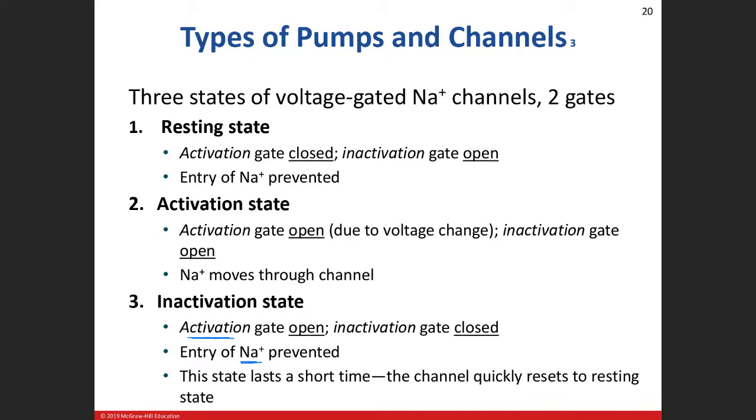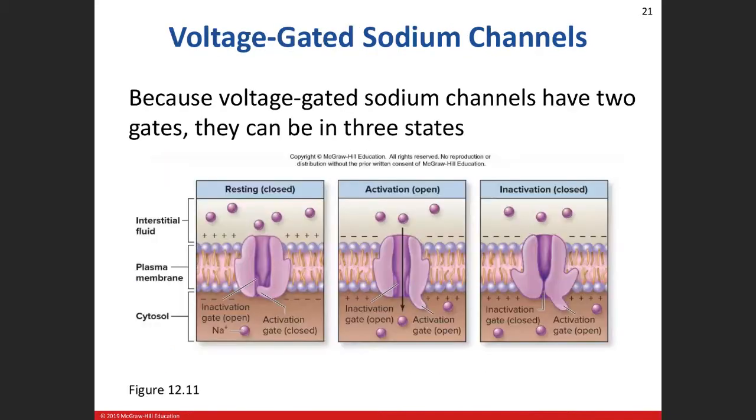As that happens, we're going to reset everything and return back to the resting state. So this closes for a split second, no more sodium can enter, and then the activation gate is going to swing closed, and the inactivation gate is going to relax, and those swellings will go away.